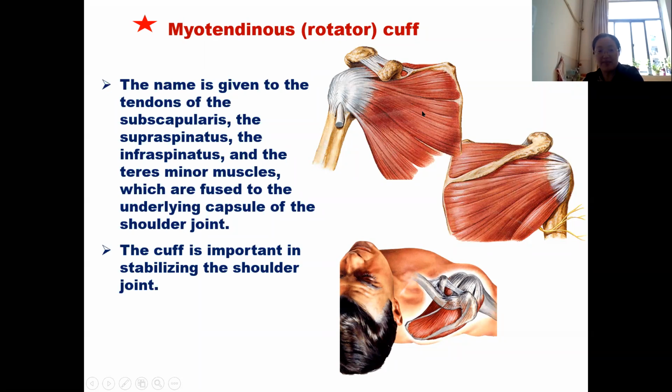So the rotator cuff is very important. Some patients, especially near my age, around 50 years old, sometimes feel very painful in the shoulder region, even cannot move the upper limb. Most often it is something wrong with this myotendinous cuff, the rotator cuff.